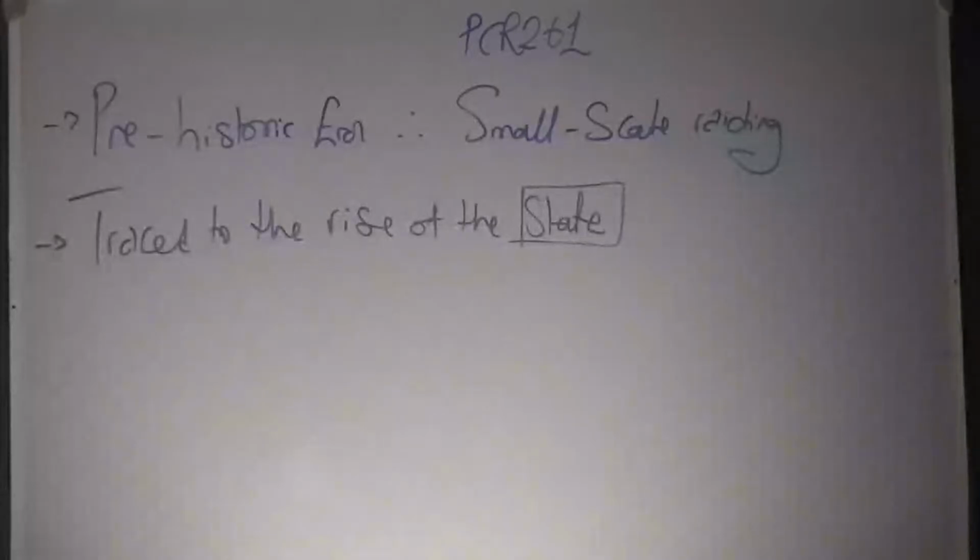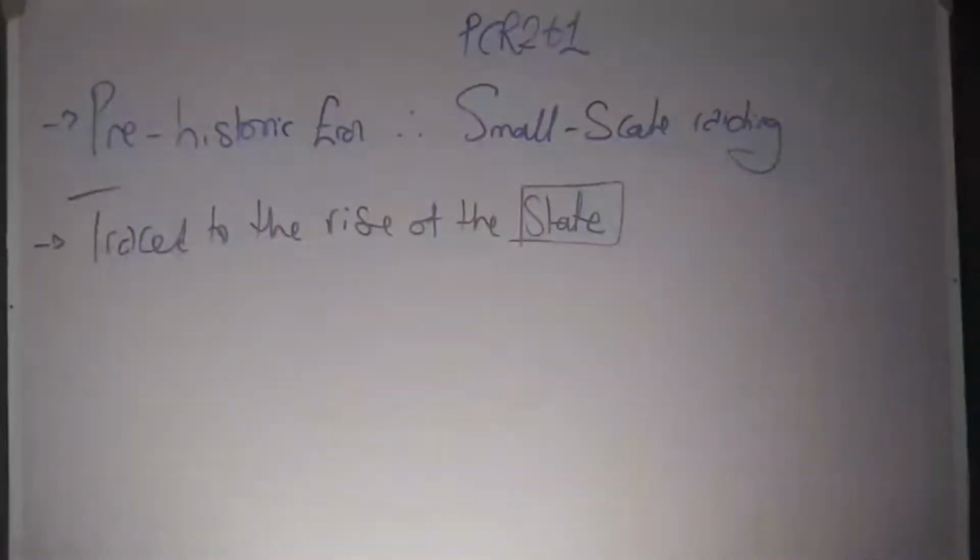And what really gave rise to this change? What made this change rapid? What made the spirit and characteristics of disputes what it is today? We can trace it to one thing, and that thing is the rise of the states. So when I said underline states, we'll come back to it.